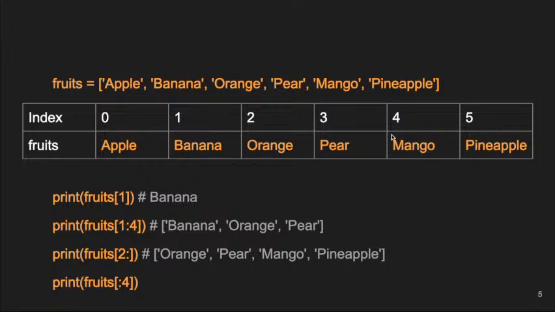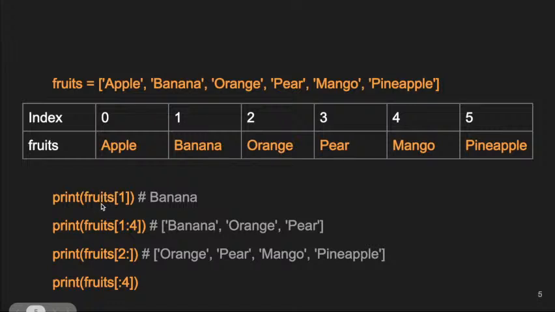And then you will notice that the last element's index is n-1 if n is the length of the list. The length of this list, you can see that we have 6 items. So 6 minus 1 will give you the last item's index. So the index of pineapple is 5 and the index of apple is 0.